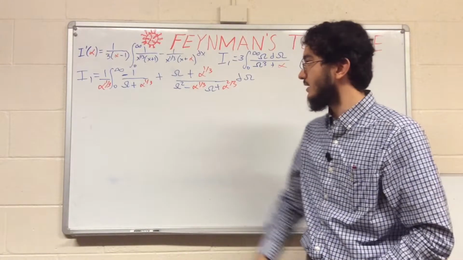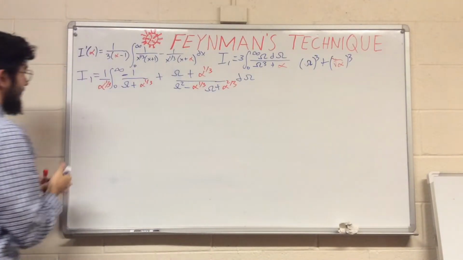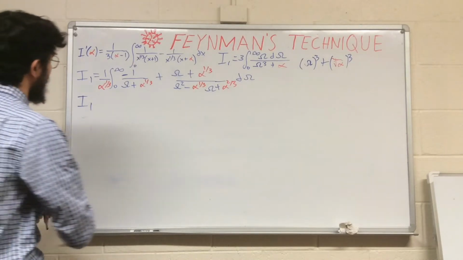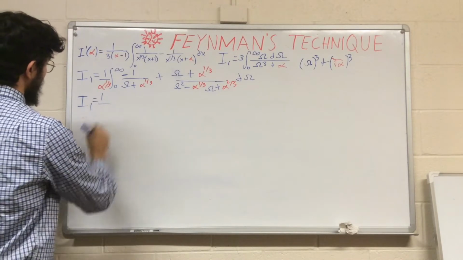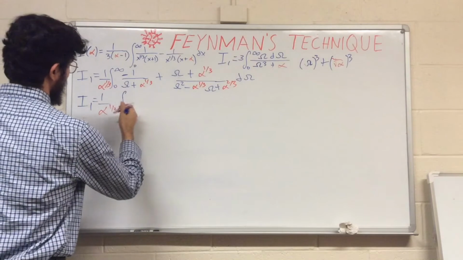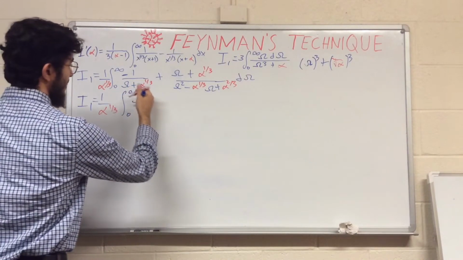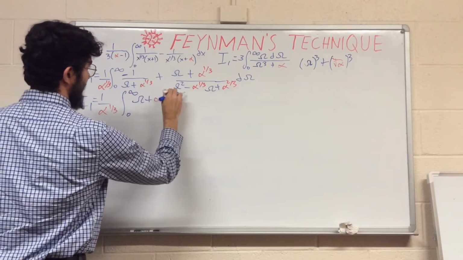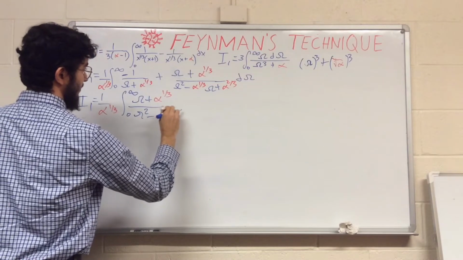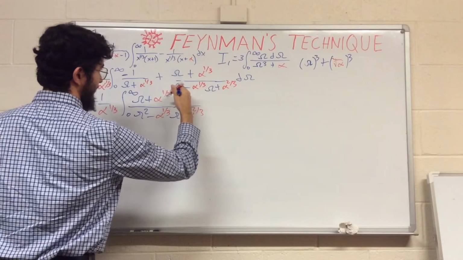This one is trivial to integrate. That's nothing but natural log of the bottom. So we have that then I1 is going to be nothing but 1 divided by alpha to the 1/3 times the integral from 0 to infinity of this over here, which is going to be omega plus alpha to the 1/3 divided by omega squared minus alpha to the 1/3 omega plus alpha to the 2/3 d omega.